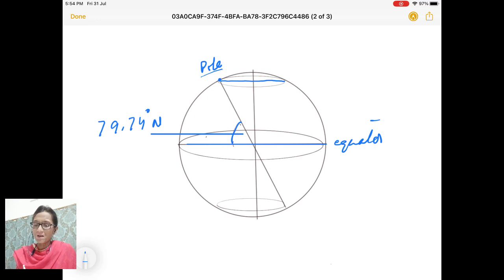Now, when you make a straight line from the pole up to the center of the earth, then you find an angle forming between the two lines, a line coming from the pole and one from the equator. And this angle is actually called the latitude angle. This is equal to 79.74 degree towards the northward pole. So this is the latitude of the pole.